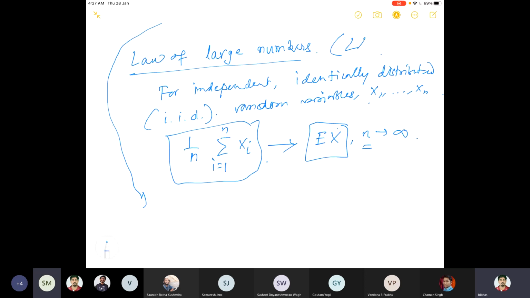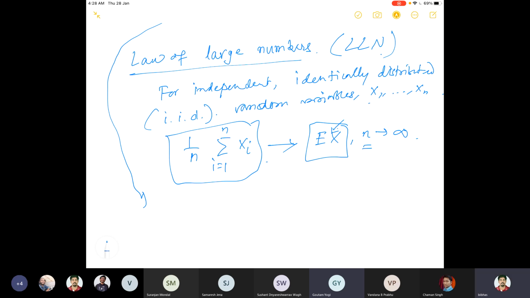Sir, what is X here? What could be X? X here is a random variable, or we can say a probability distribution.